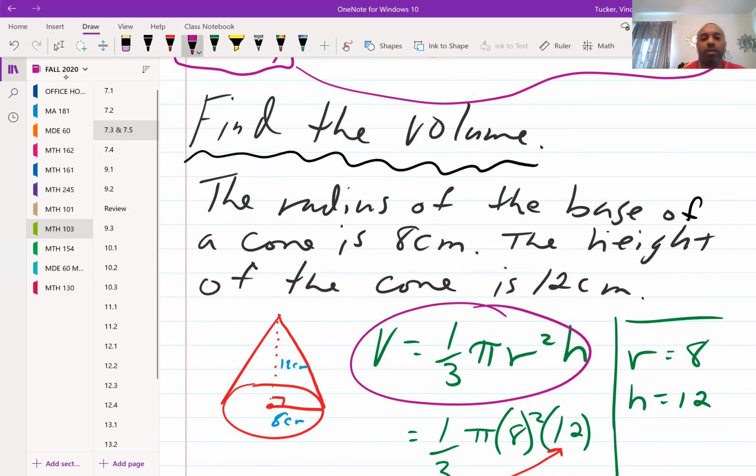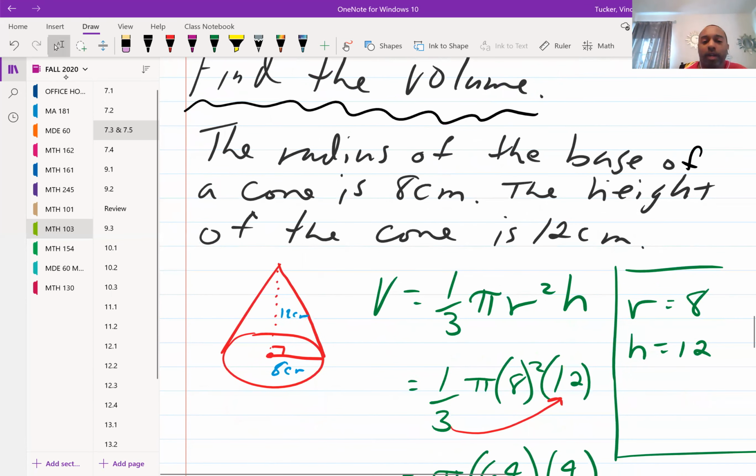This is the formula for the volume of the cone. 1/3 is a part of the formula. It's 1/3 times pi times r squared times h. Plug in the 8 for r and the 12 for h. Once again, if I was doing this by hand, I would take the 3 into the 12. It's all multiplication, so you can do it in any order that you like.